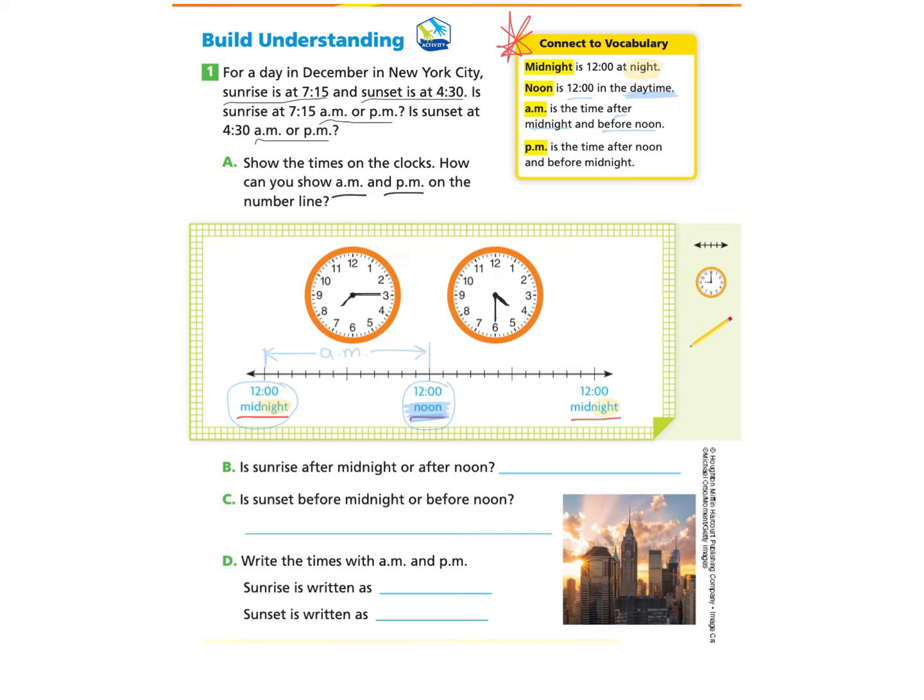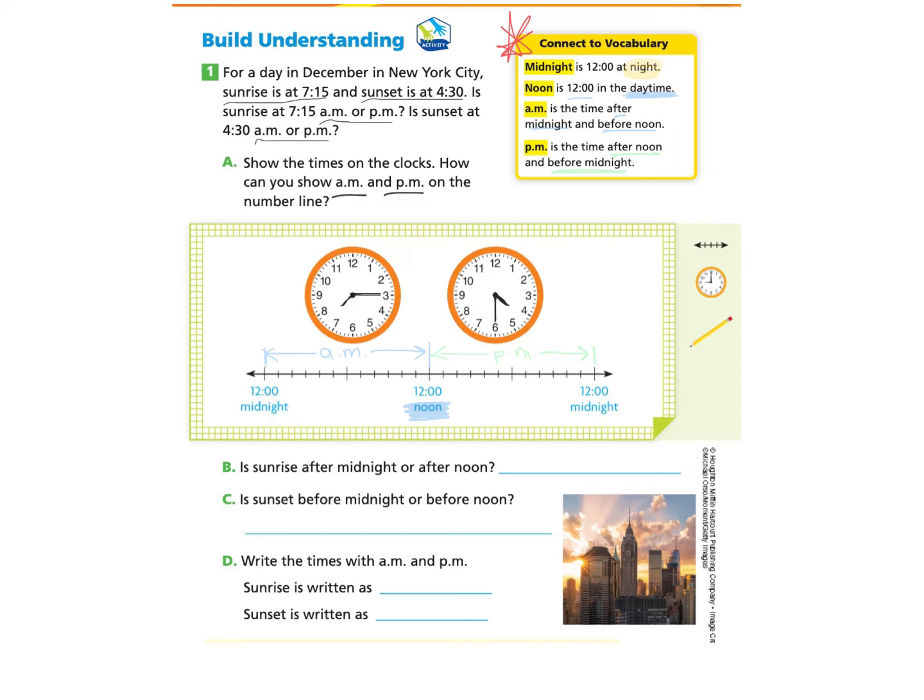And then for PM, it says it's the time after noon and before midnight. So right after it hits noon, we're going to see that this part here is PM, and then that stops when it turns midnight, and then it becomes AM again. We have now drawn AM and PM on our number line.